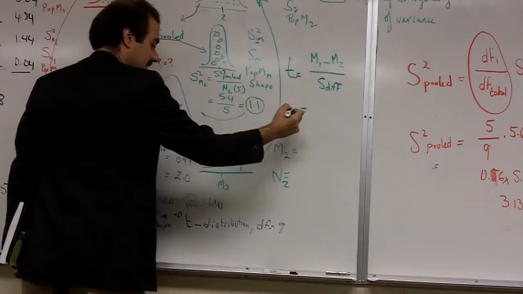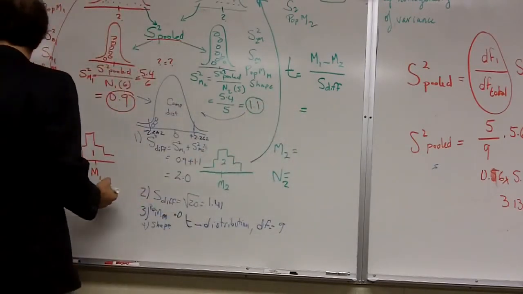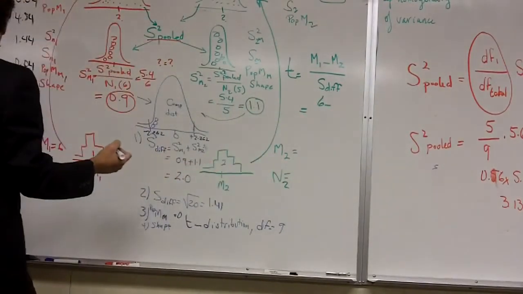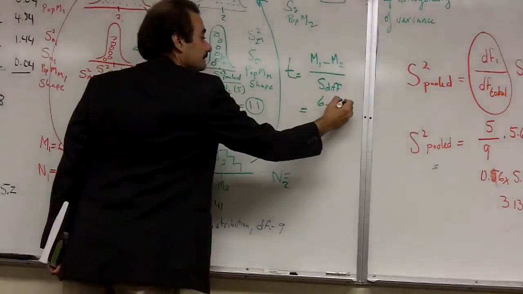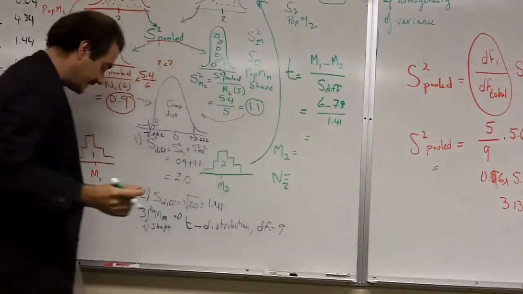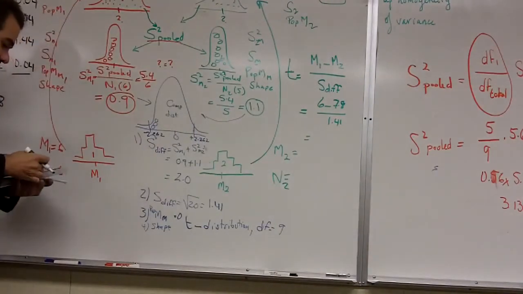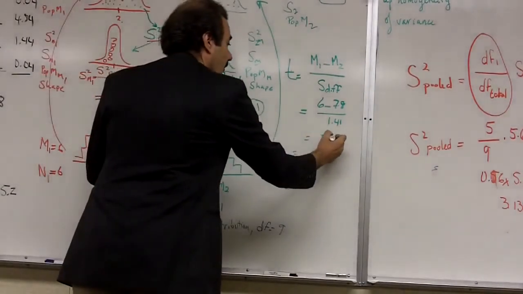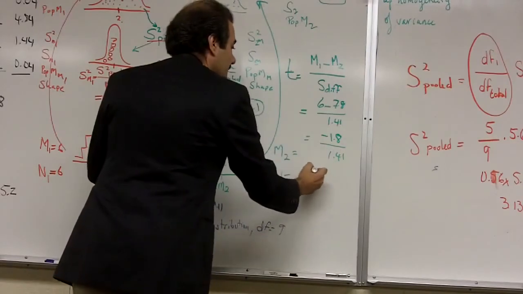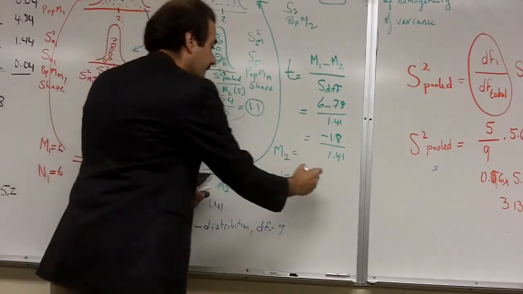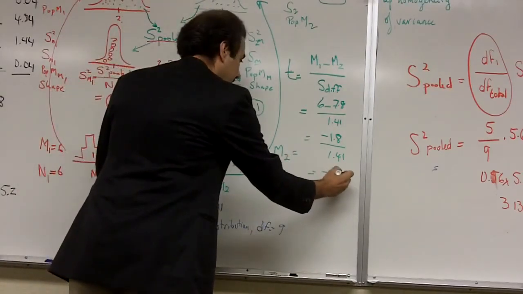And the answer is as follows. M1 is 6 minus M2 is 7.8 over SDiff is 1.41. 6 minus 7.8 equals minus 1.8 over 1.41, which is equal to negative 1.23.